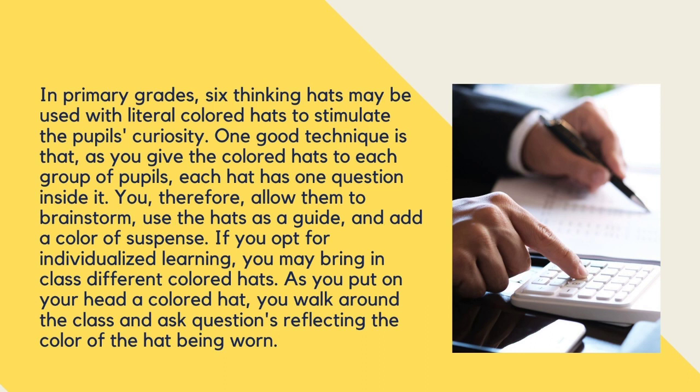You therefore allow them to brainstorm, use the hats as a guide, and add a color of suspense. If you opt for individualized learning, you may bring in class different colored hats. As you put on a colored hat on your head, you walk around the class and ask questions, reflecting the colors of the hat being worn.